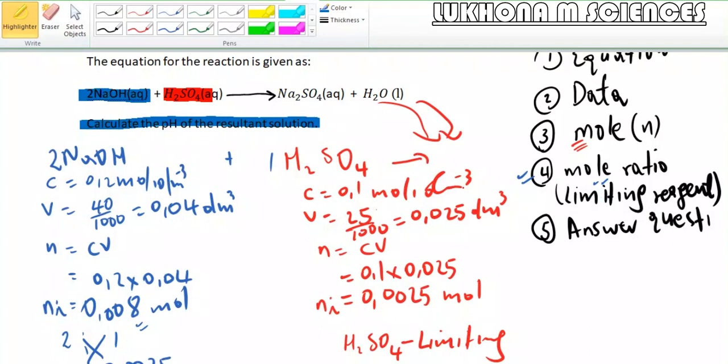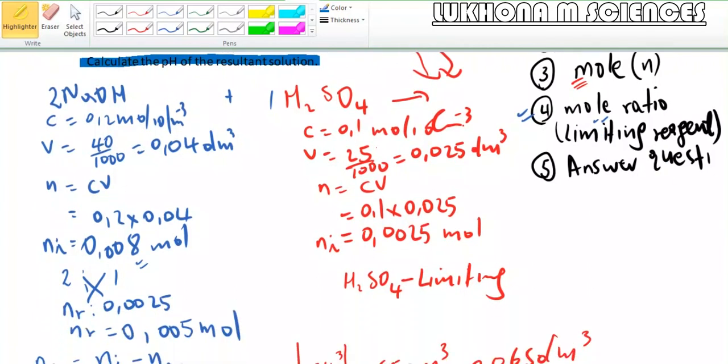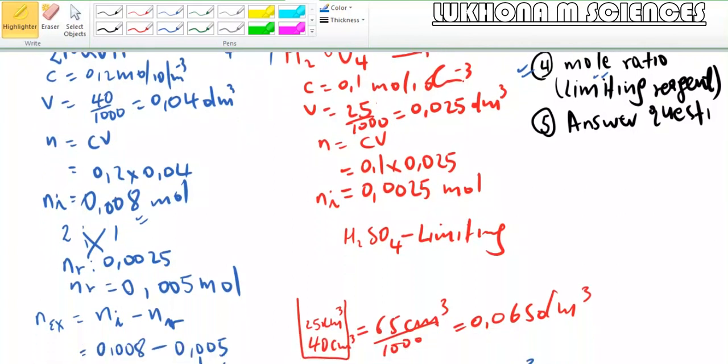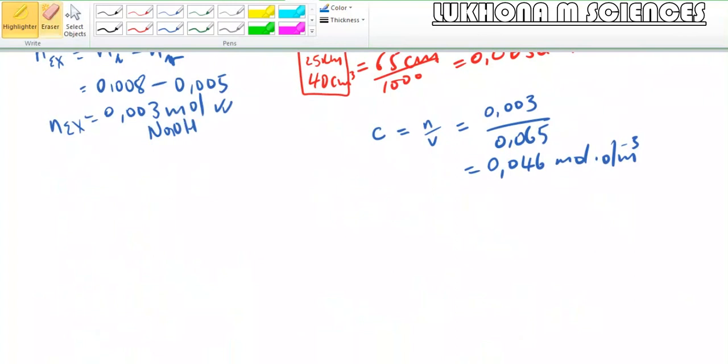The formula for the pH says pH is equal to minus log concentration of H3O plus.